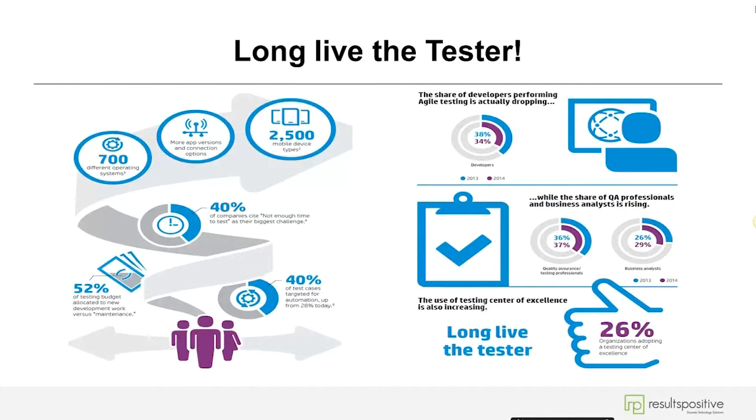What we've noticed in the latest World Quality Report is that QA budgets are on the rise, and the reason is it's not getting any easier to ensure that bugs don't slip through to production. The reason it's not getting any easier is because there are so many different operating systems, so many different mobile device types, and complexities galore in terms of who's touching the product at different times of the delivery cycle and where defects can be injected into the process.